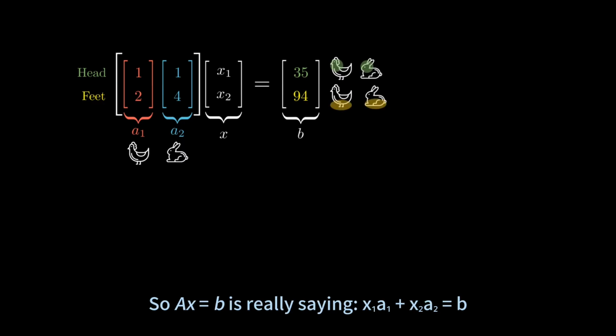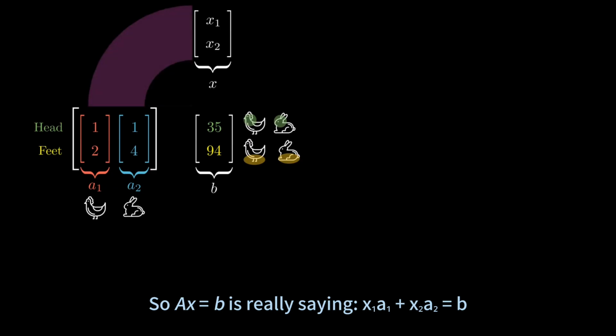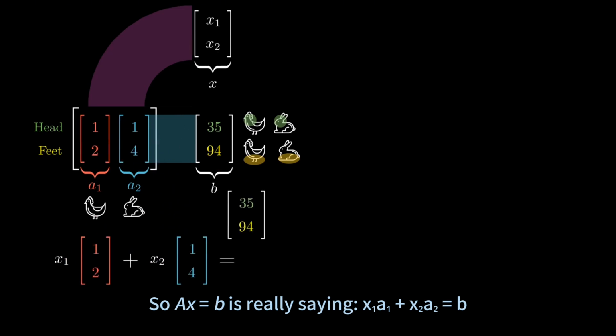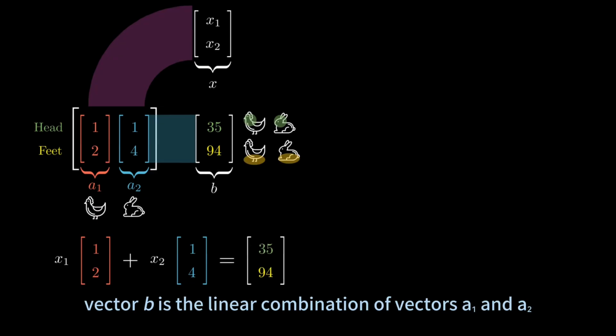So A times x gives vector B is really saying x1 times vector A1 plus x2 times vector A2 equals vector B. In other words, the vector B is a linear combination of vectors A1 and A2.